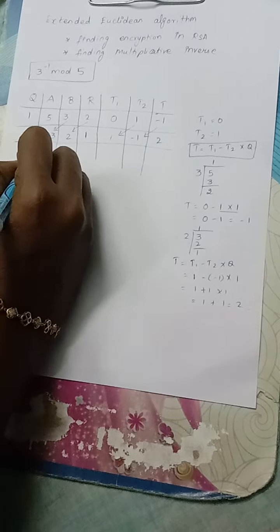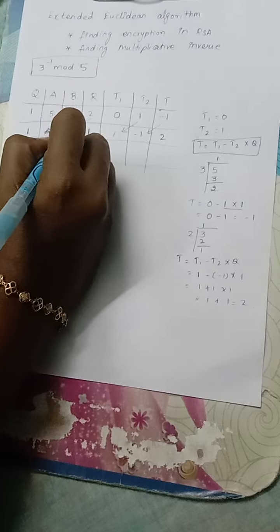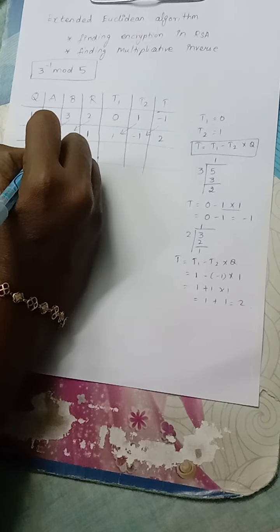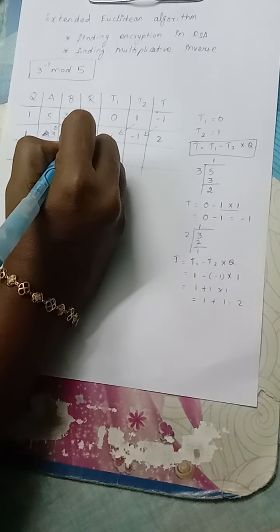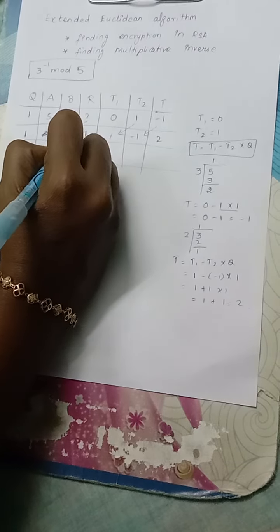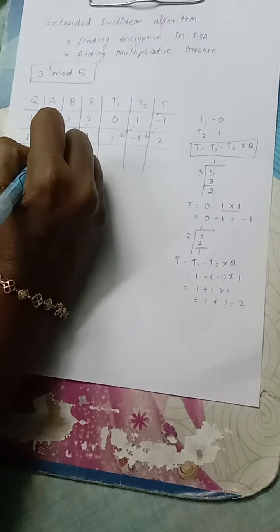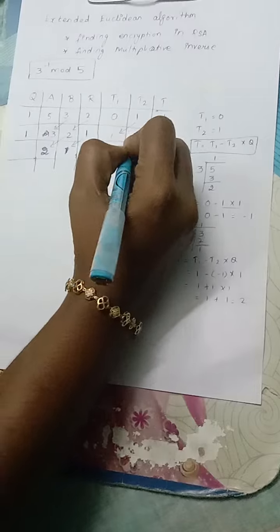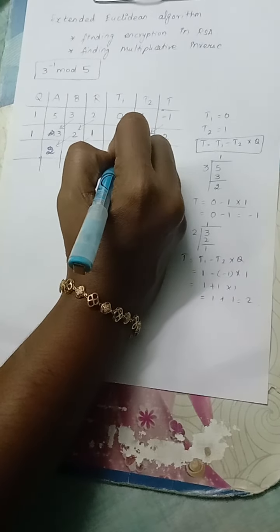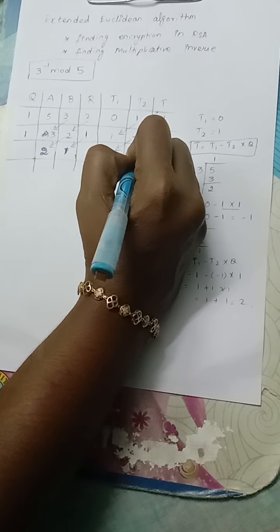After completing this you perform the shift operation. Your B value is shifted into A and your remainder value is shifted into B. Next your T2 value is shifted into T1 and your T value is shifted into T2.